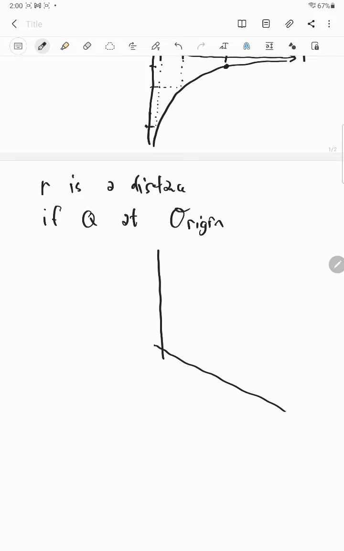So R is a distance. If we put Q at the origin of a coordinate system, here's a three-dimensional coordinate system. We'll put x, y, z, and we'll put the charge Q at the origin.